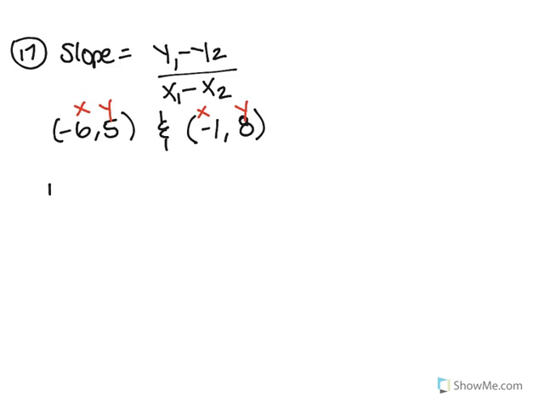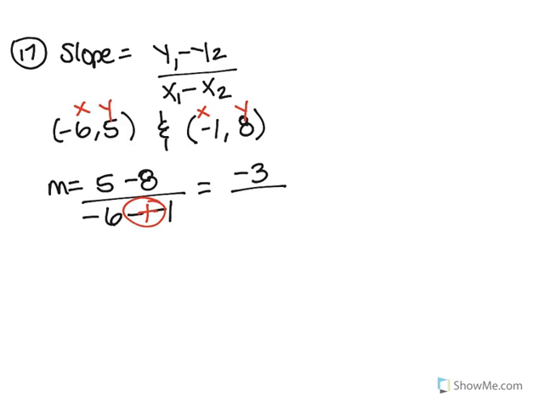To find that slope, we're going to say 5 minus 8 over -6 minus a -1. That's a +1, so make sure y'all watch that sign there. That's going to give us a -3 on top, and -6 plus 1 is -5. The two negatives make that turn into a +3/5. And that's your slope.